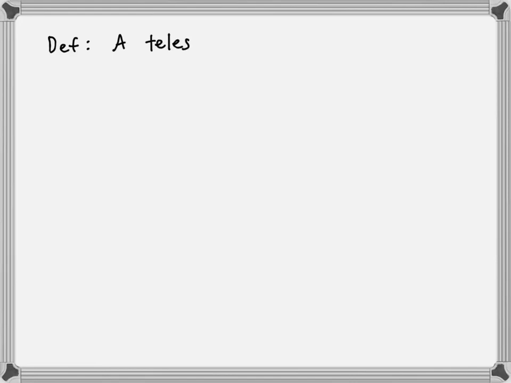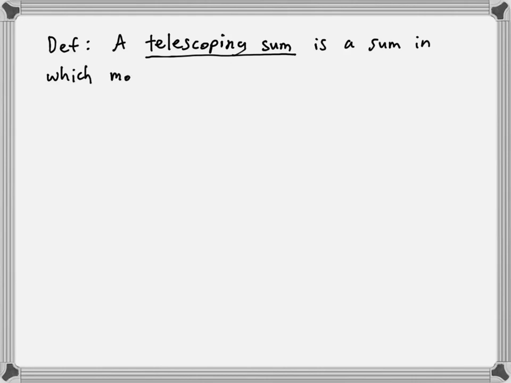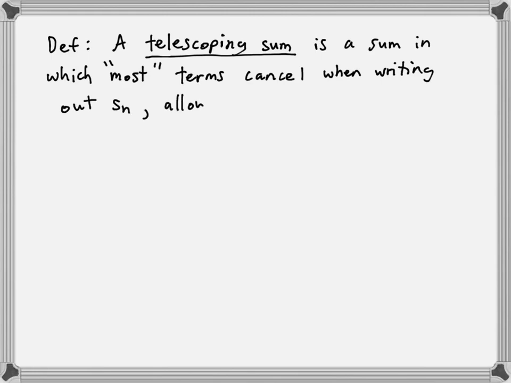A telescoping sum is a sum in which most terms cancel when writing out Sn, allowing us to take its limit.